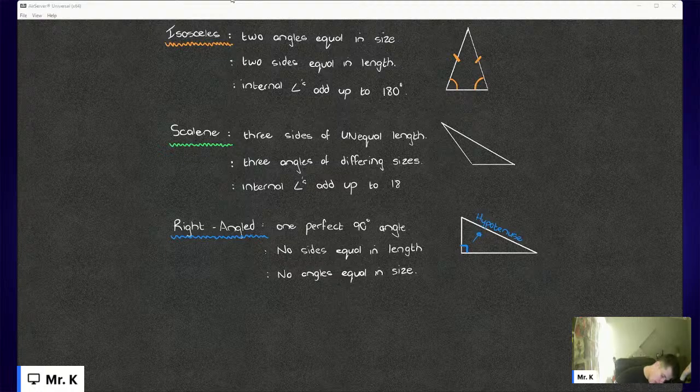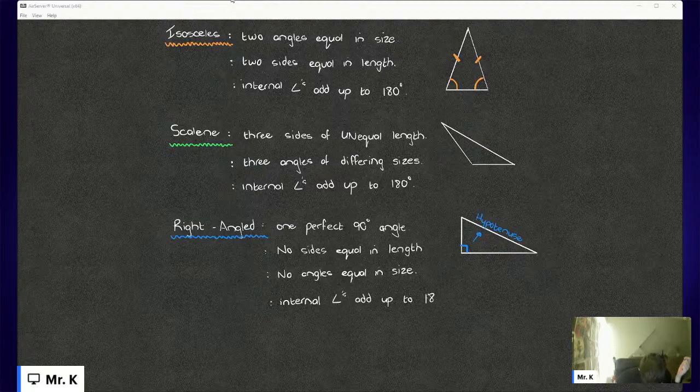It is the same for right angled triangles as well. Any triangle must have a total of 180 internal degrees.